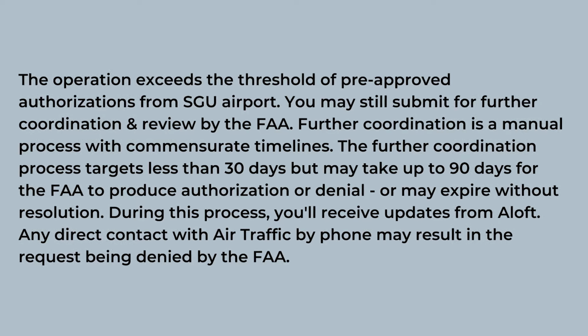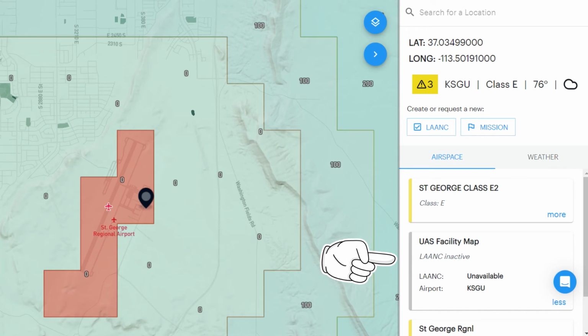The FAA requires a minimum of 72 hours to process a further coordination request, but it could take up to 90 days. My experience has been that generally within a week or two, usually, sometimes sooner, you'll get a response. However, directly above the airport property is shown in red, and further coordination through LANC is not available.